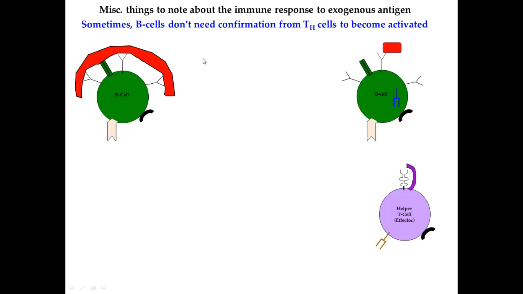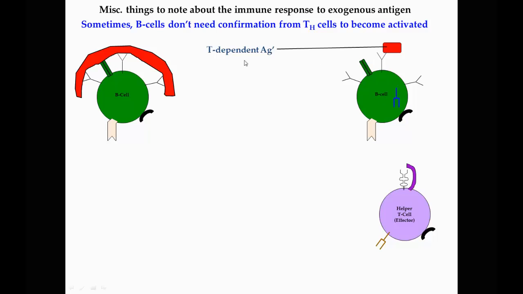There are names for these two different types of exogenous antigens. An antigen that cannot activate a B cell all by itself is referred to as a T-dependent antigen. And the reason why it's called T-dependent is because it requires a helper T cell to activate that B cell.